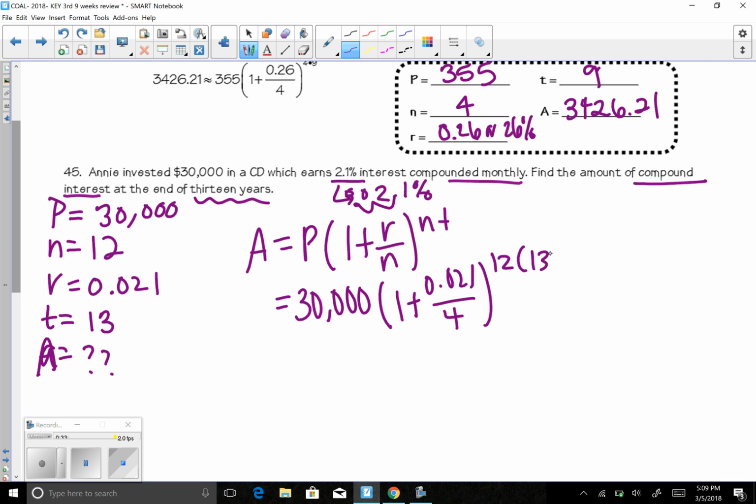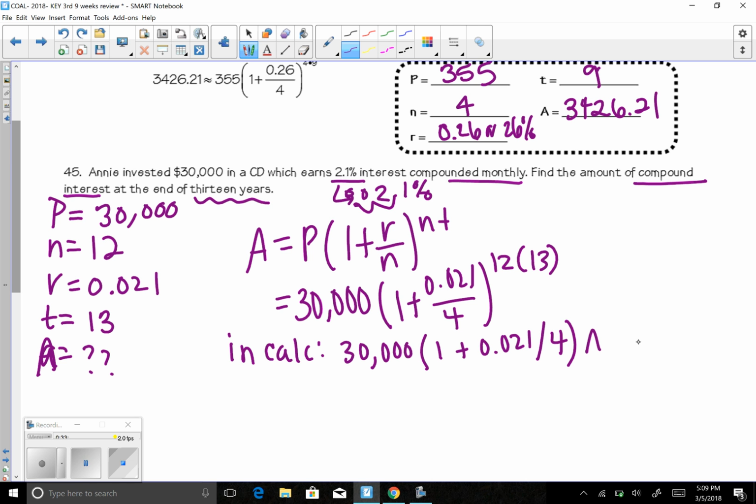If you type this into your calculator all at once, this is what it needs to look like: 30,000, parenthesis, 1 plus 0.021, division symbol, not the fraction symbol, make sure it's the division symbol, 12, close it, caret. The 12 times 13 has to be in parentheses on its own. That's exactly what it needs to look like in your calculator.